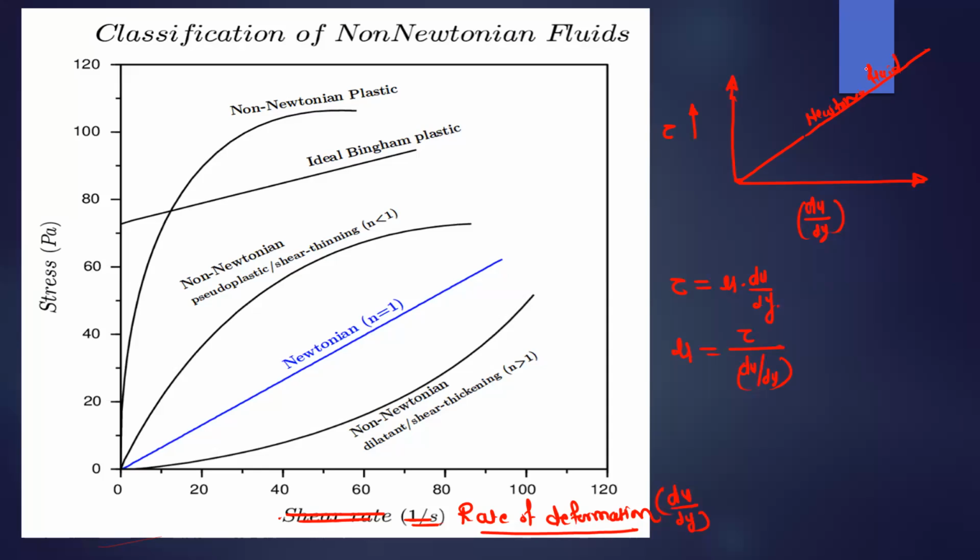For the Newtonian fluid, the slope of this line is nothing but the viscosity. Here you can see mu is nothing but tau upon du by dy, which is the slope of the graph.